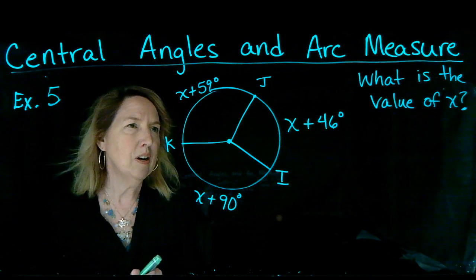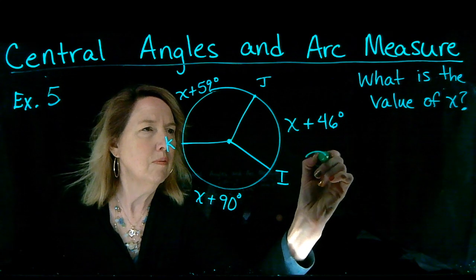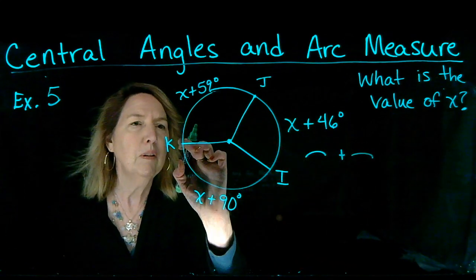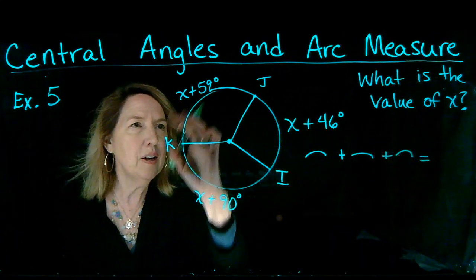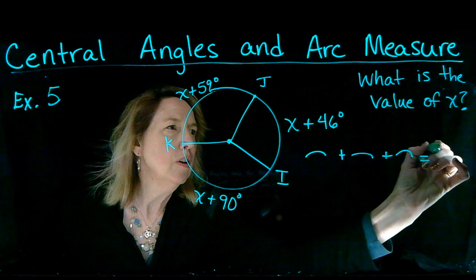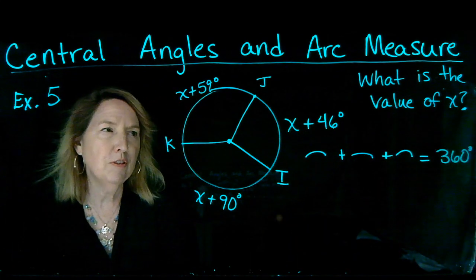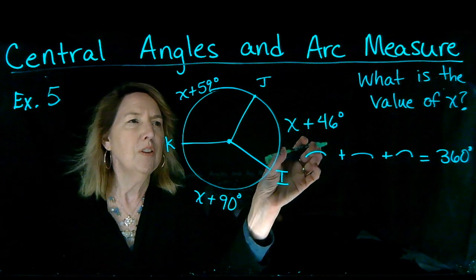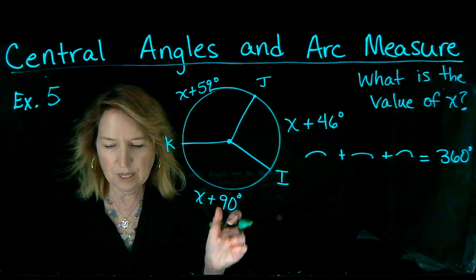Here's what's going on. This arc, I'm just going to use a symbol, plus this arc, plus this arc, all add up to make a circle, which is, of course, 360 degrees. So using logic, you can replace these symbols that I used with the expression.